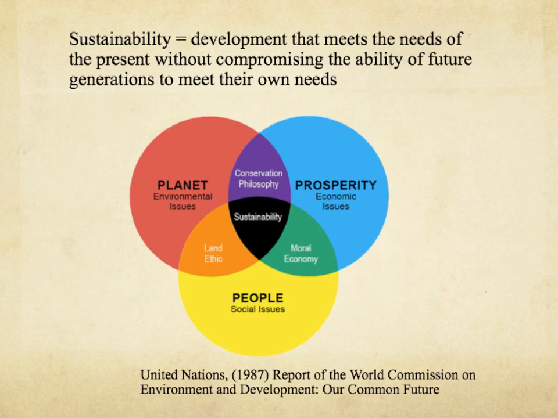Sustainability was defined back in 1987 by the United Nations as development that meets the needs of the present without compromising the ability of future generations to meet their own needs. Sustainability is a lot more than how it's treated in most primary schools. It's much more than simply reduce, reuse and recycle.